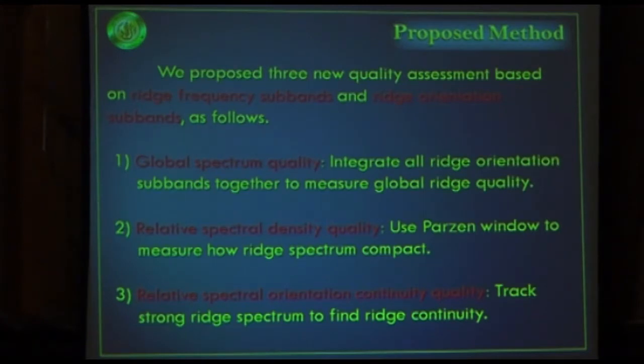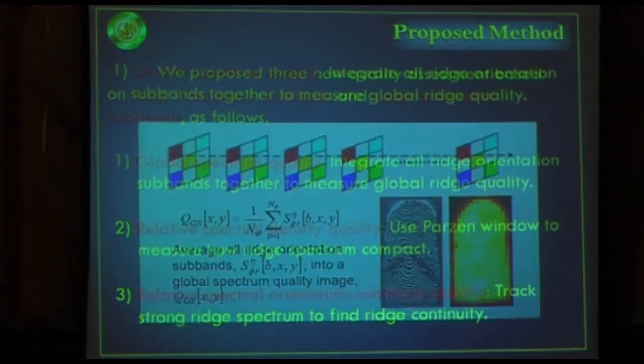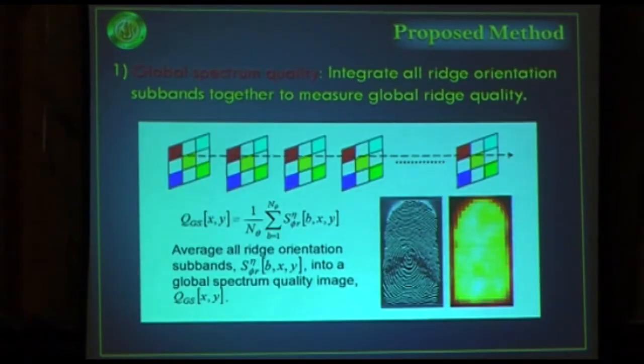So we propose three new quality assessments based on the ridge frequency subband and ridge orientation subband. The first is global spectrum quality. The second is relative spectrum density quality. The third is relative spectrum orientation continuity quality. I'll explain each in detail. For the first one, global spectrum quality, we integrate from 3-dimensional to 2-dimensional, so all the ridge spectrum is packed into one image.